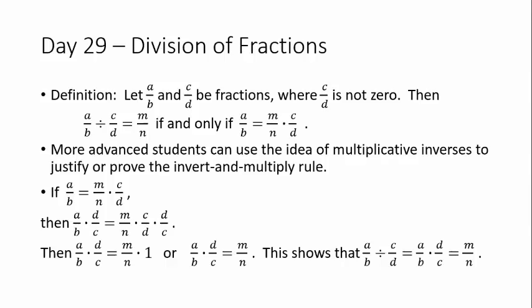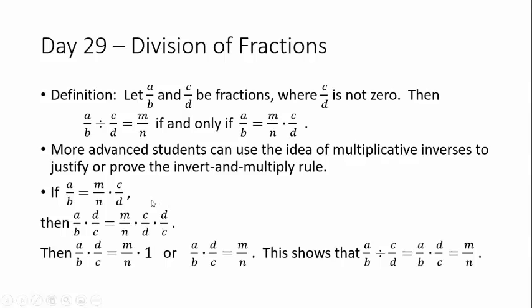D over c is the multiplicative inverse of c over d, so that's important in our operation here. So you'll see on this line we have a over b times d over c is equal to m over n times c over d times d over c. So we've multiplied both sides of the equation by d over c.